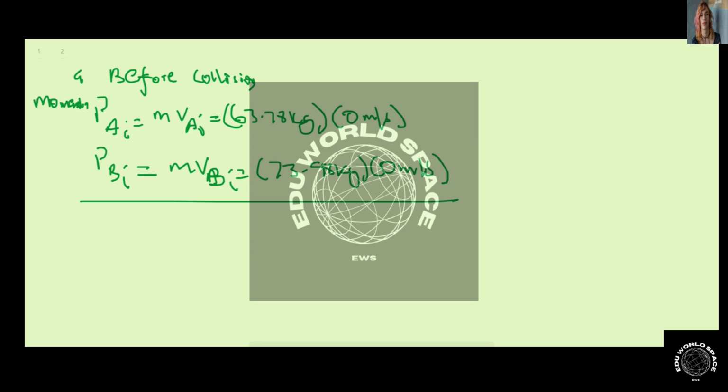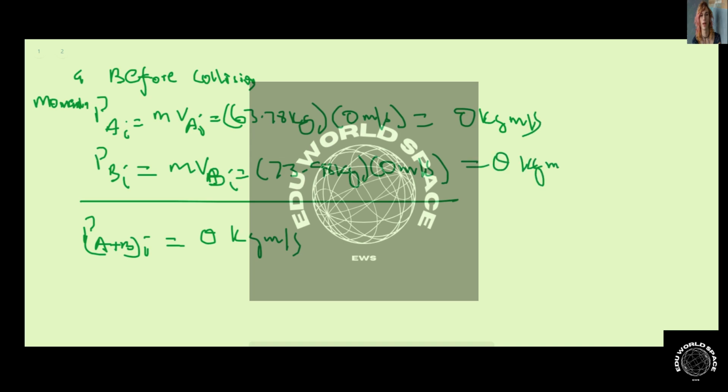And so you can see that the total initial momentum for both of them, for A and B, is just going to be 0 kilogram meters per second. Since the initial momentum for A is 0 kilogram meters per second, and for B is also 0 kilogram meters per second.